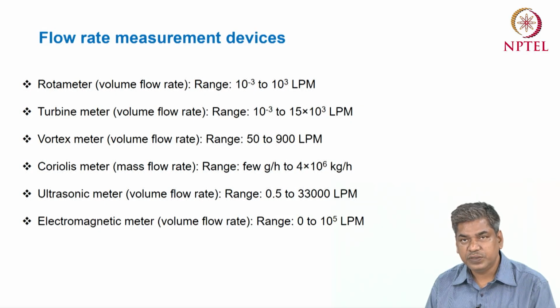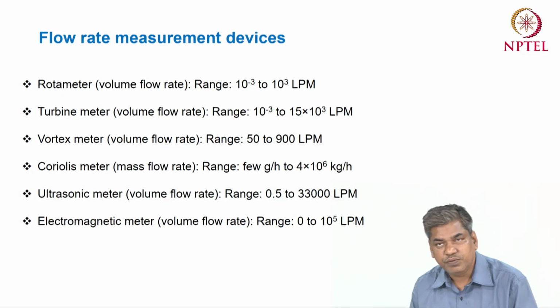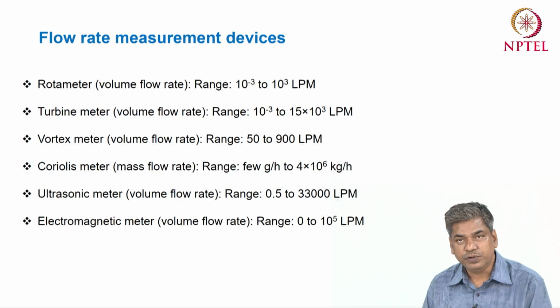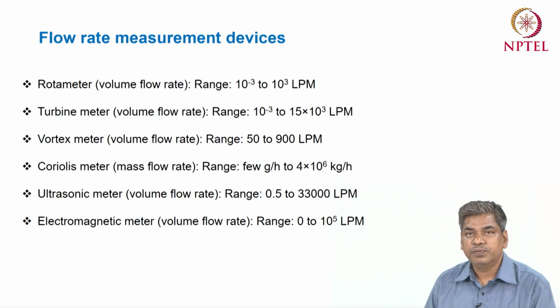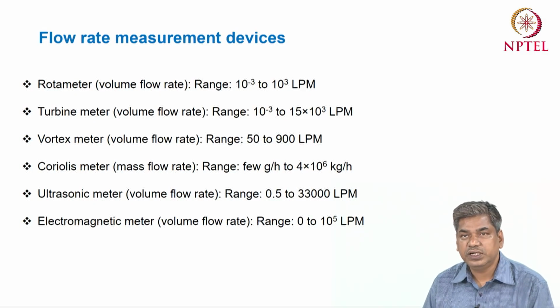Apart from this, there is the Coriolis meter or Coriolis mass flow meter. Interestingly, the Coriolis mass flow meter is based on the Coriolis effect when the flow occurs through a bend section. The Coriolis mass flow meter is used to measure the mass flow rate, not the volume flow rate.